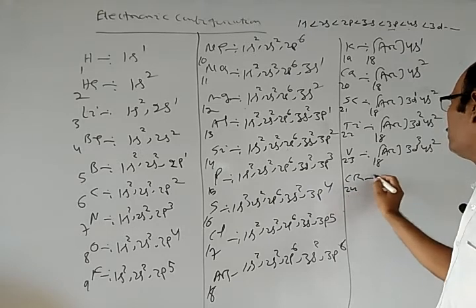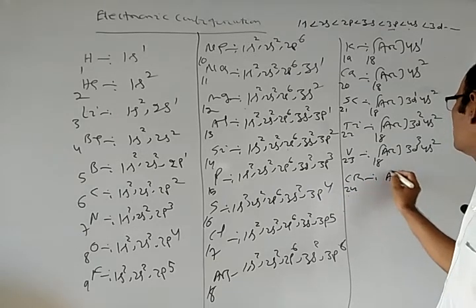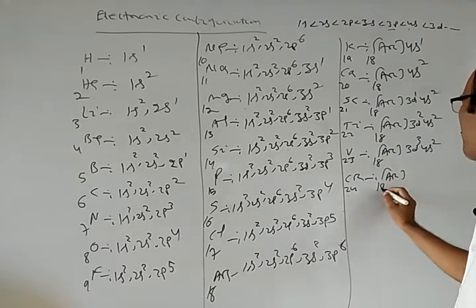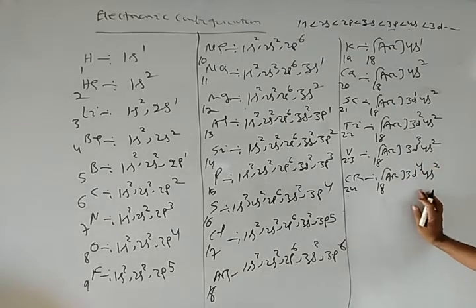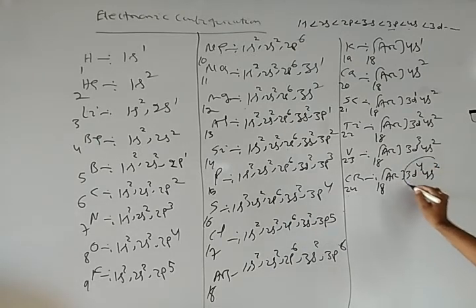Chromium 24, here you see argon 18. Now 4s2 3d4, but actually what happened here? This 3d4 will be the wrong one.